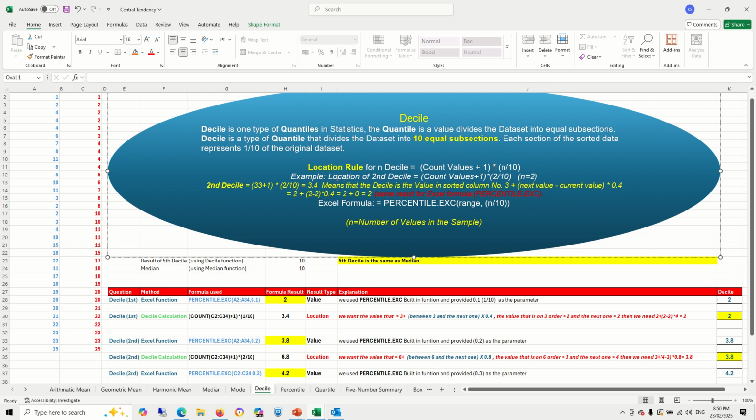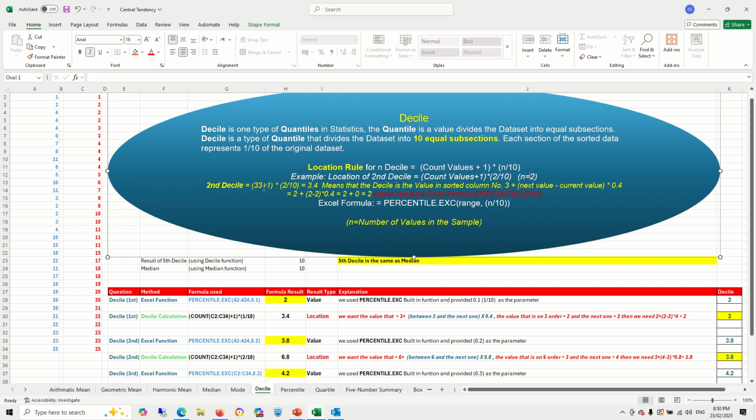So, for example, the location of the second decile equals the number of values plus 1 multiplied by what? 2 divided by 10. Why 2? Because we want the second decile. So n equals 2.